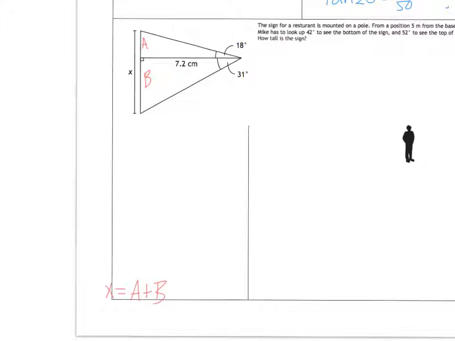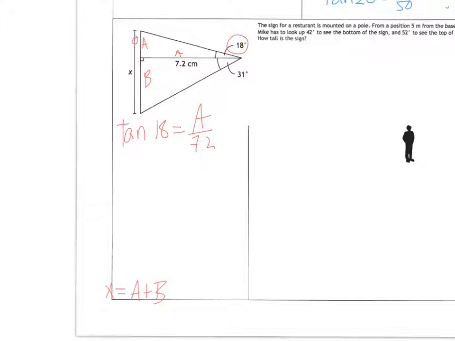So maybe going for a first. And looking at this angle of 18 degrees, we've got an opposite that we're looking for. We've got an adjacent that we know. So tangent of 18 degrees is equal to that number a over 7.2.